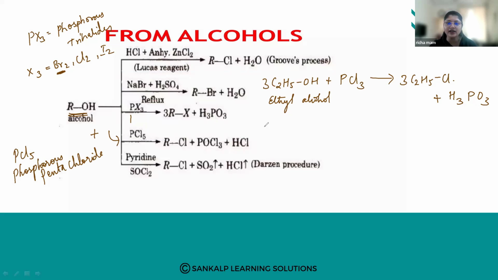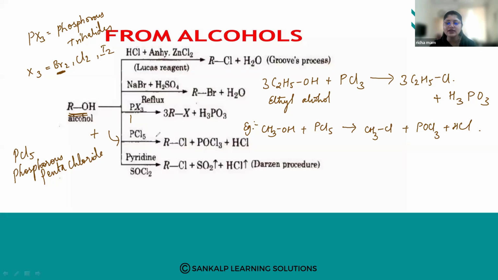If I take R as CH3, example CH3OH plus PCl5, I'll obtain CH3Cl plus POCl3 plus HCl. So this is the product which is obtained. So these are the 4 reactions we have seen till now.